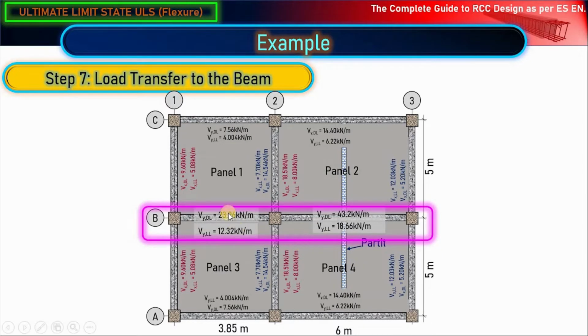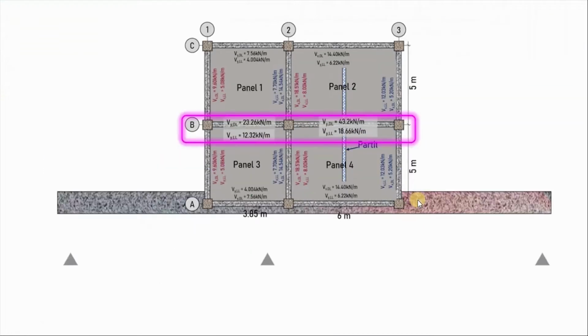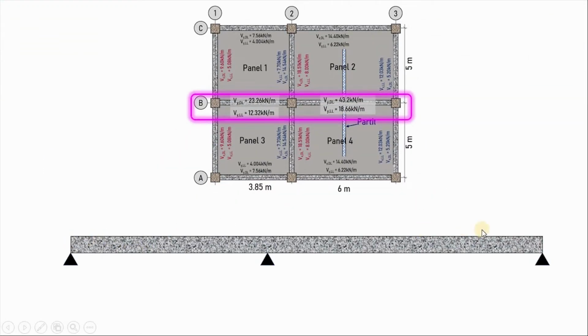Now you have seen this much is dead load, this much live load on this span, and this much dead load and live load on this span. I will assume that the columns are pin support, and I will show you how you transfer the load. Now this is my beam. We see here that this beam has a span of 3.85 center to center and 6 from here up to here.